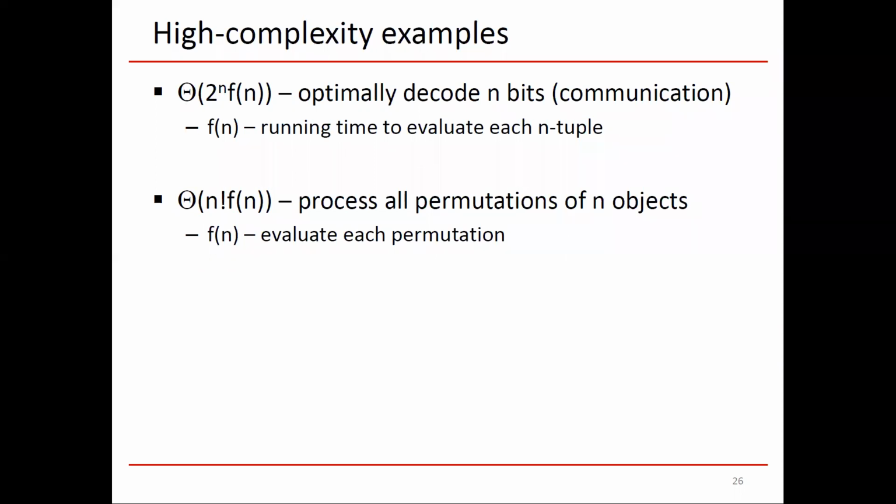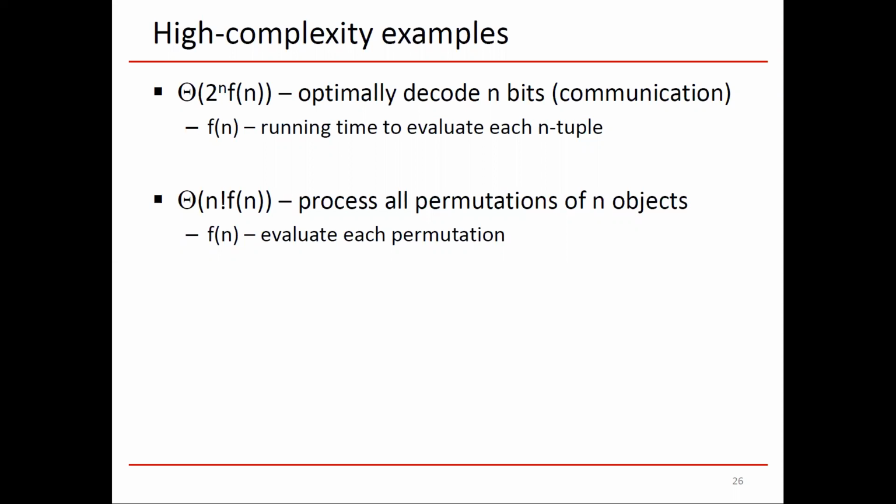Maybe it's a log likelihood or something else, some score. And we're going to optimize that score among all the 2 to the n possibilities. So overall, theta of 2 to the power of n times f of n. And of course, typically the f of n would be something small, perhaps linear in n or something like that. Typically, the 2 to the n dominates here.